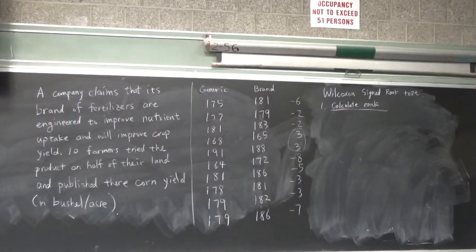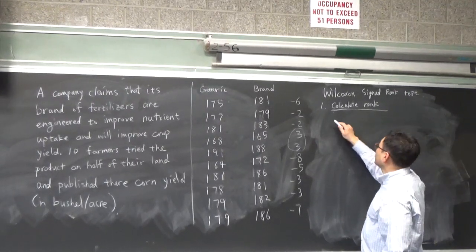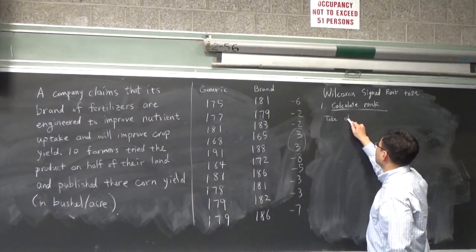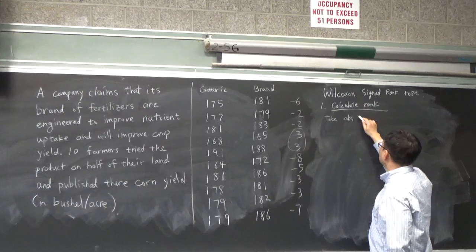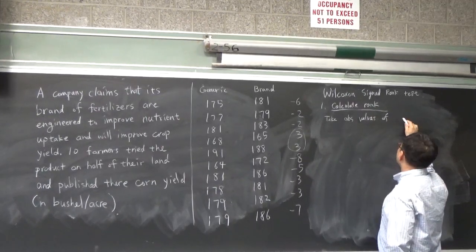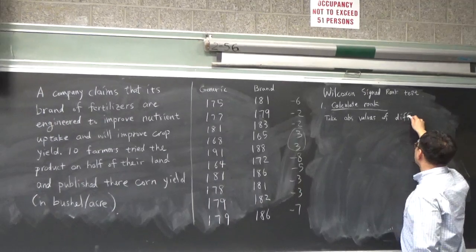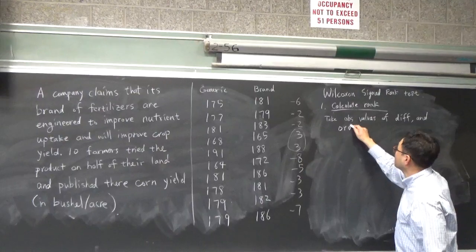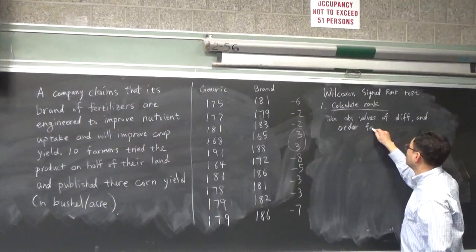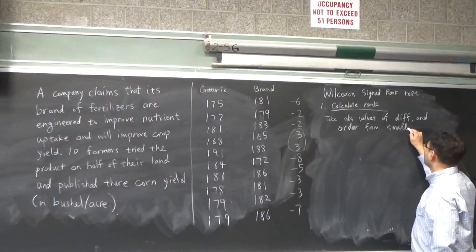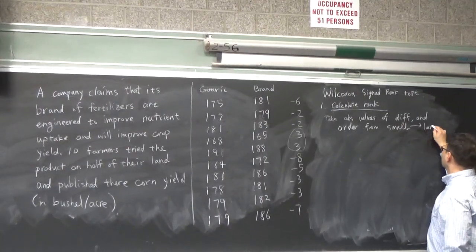So first what you do is take the absolute value of the differences, and order from smallest to largest, small to large.